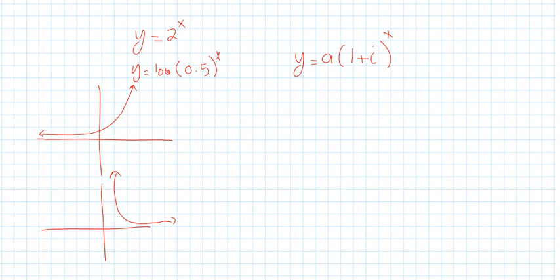So this is for growth, when a rate is given to me as 1 plus i. The other one, 1 minus i, would be exponential decay.